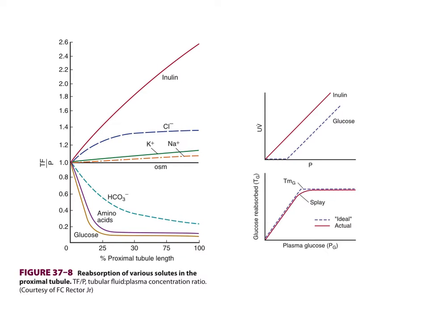Glucose is absorbed by facilitated diffusion through a transporter. This transporter is saturable. If it is fully saturated, no more glucose can be absorbed. It is going to remain in the tubular lumen. Glucose is an osmotically active particle, and water is going to remain with the glucose, and the urine output will be increased.